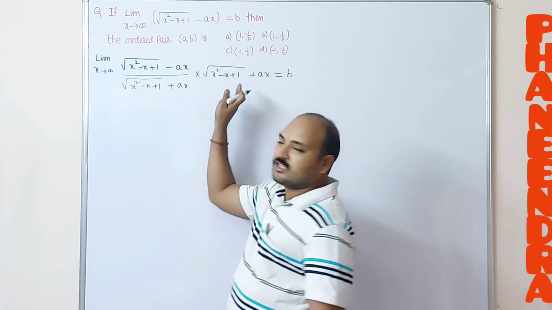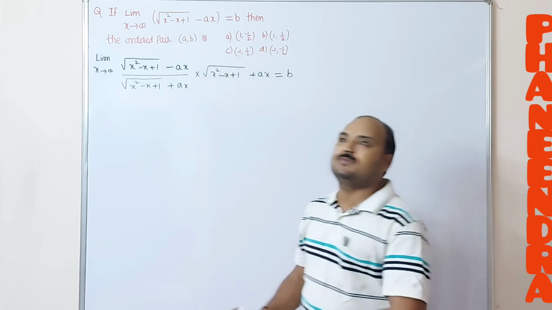The numerator is in the form of a minus b into a plus b, a square minus b square.